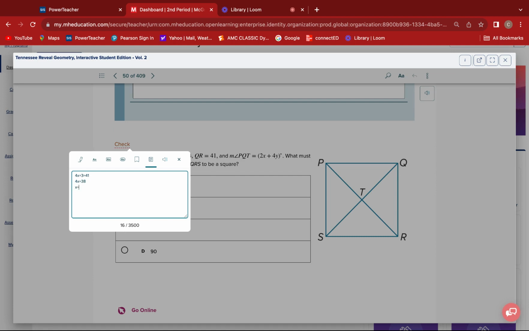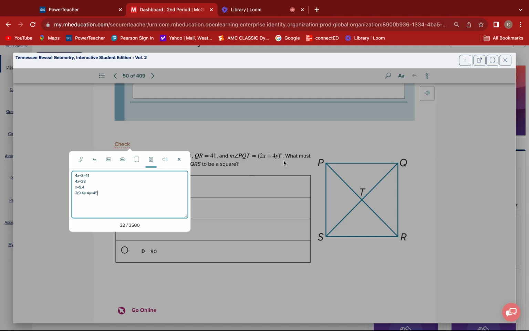So 38 divided by 4 is 9.5. This is going to be our x value. So I'm going to replace x right there. So now it's 2 times 9.5 plus 4y equals 45 degrees.